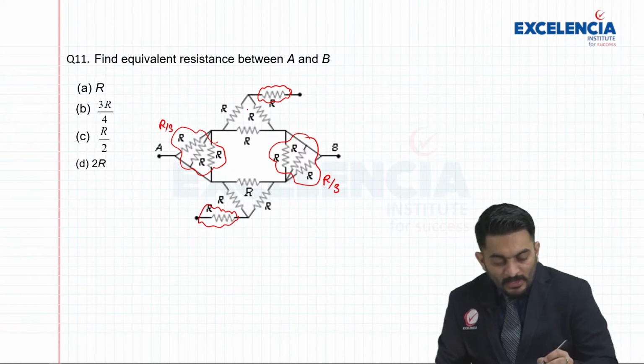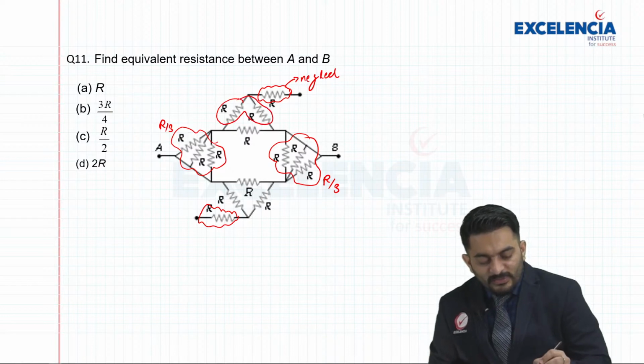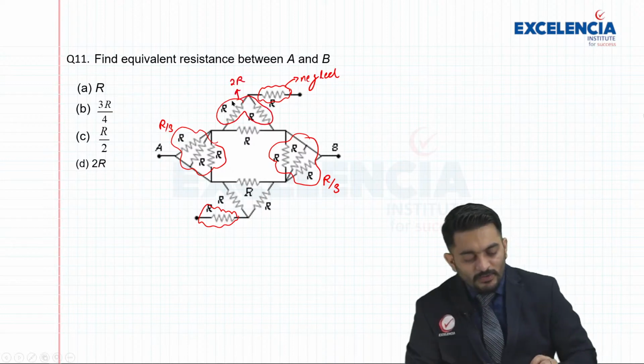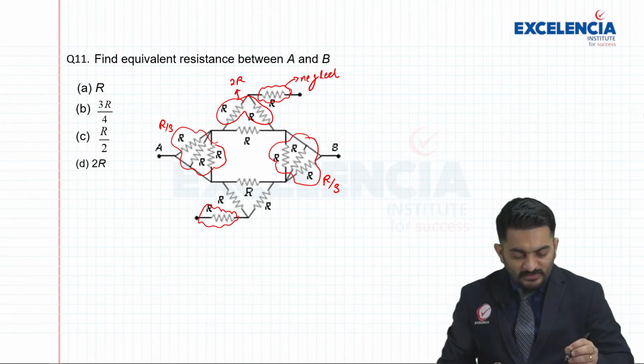Okay. If I neglect this particular part, I can see this and this resistor over here, they look like they are in series, and I can write it as 2R. So this is my first observation for this particular diagram.